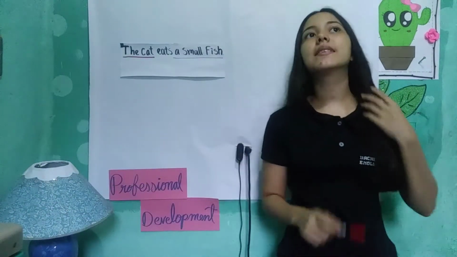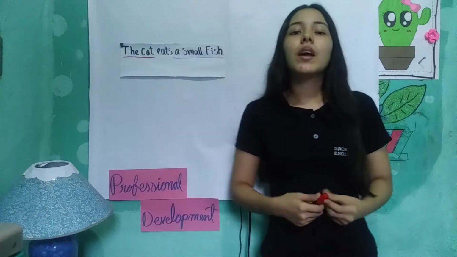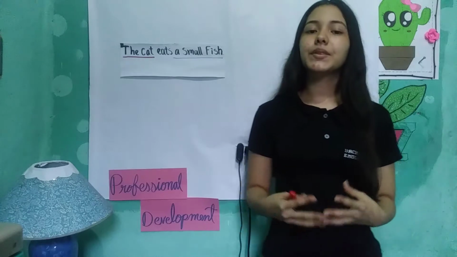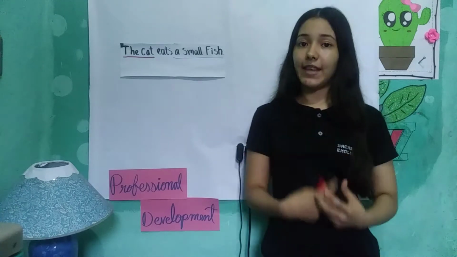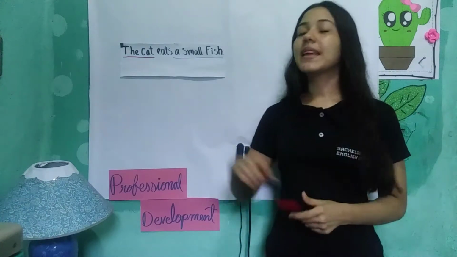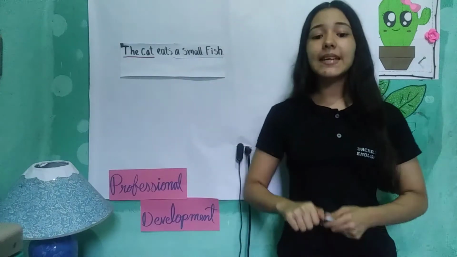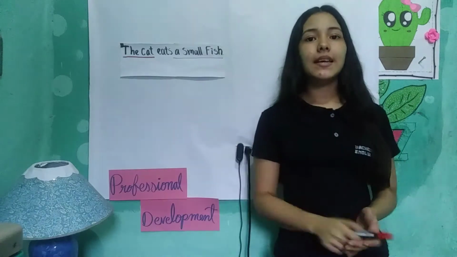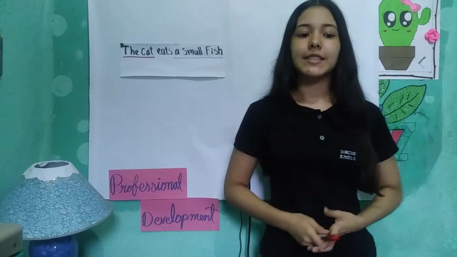The subject is the person or thing who carries out the action, and the object is the person or thing who receives the action. In this case, the cat is the subject and a small fish is the object.